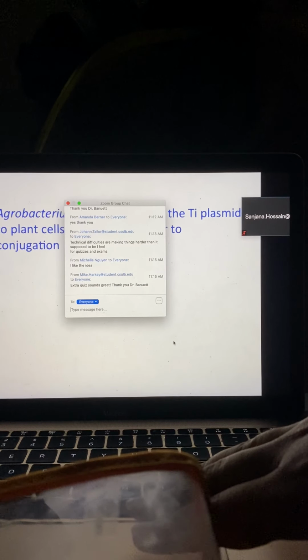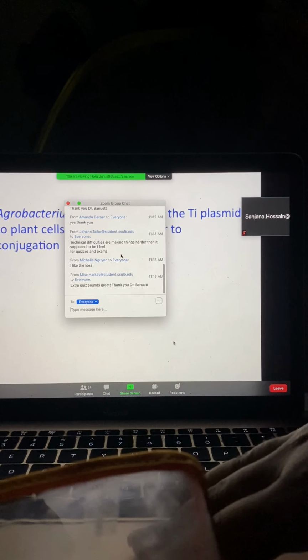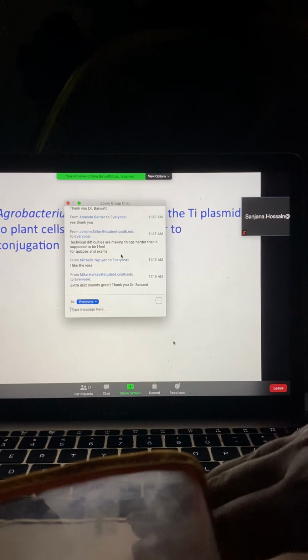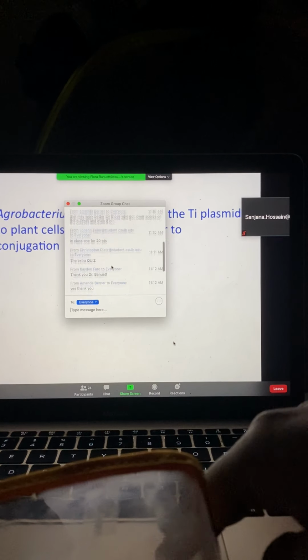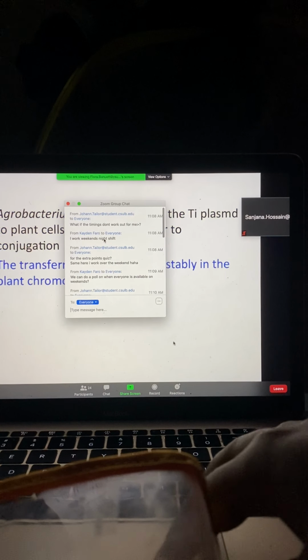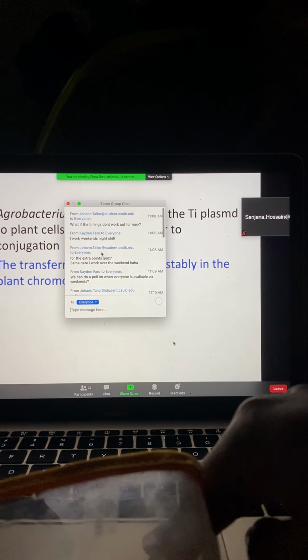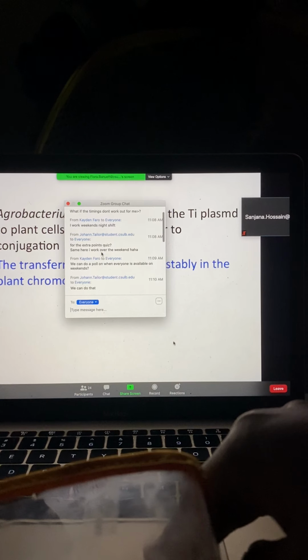So Agrobacterium will transfer part of this plasmid, not the entire plasmid, to plant cells in a process that is similar to conjugation. And the transferred DNA will integrate stably in the plant chromosomes.